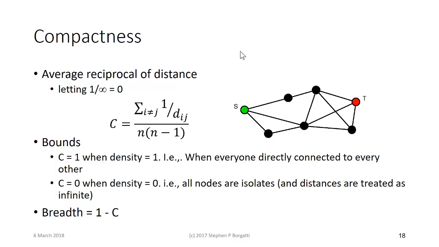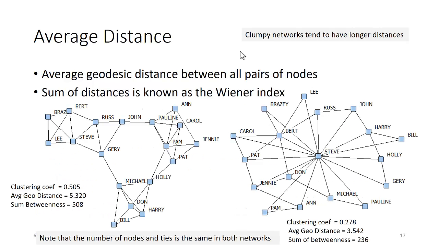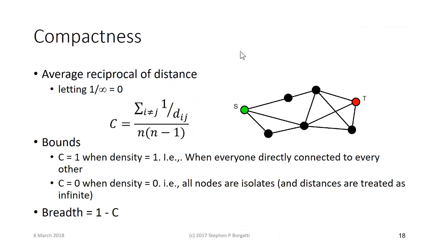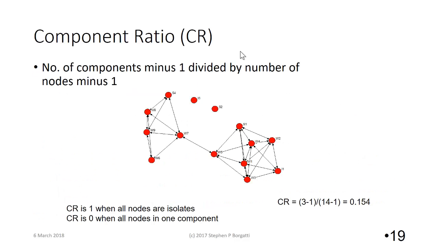And so we can then take 1 over infinity as 0. And so we can always calculate this measure even if the network is disconnected. Whereas in the geodesic distance matrix, if there are some nodes that are disconnected, we're just going to have a missing value somewhere in here. And then how do you sum up a missing value? I don't know what to do with it. So the reciprocal distance works better. And so we call that compactness.